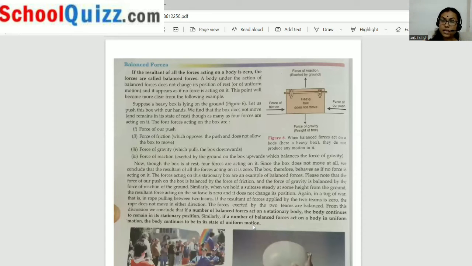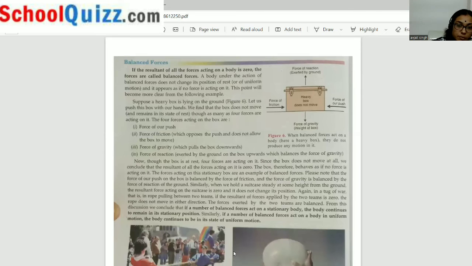It means again all the forces are in a balanced condition. That is why it is attaining uniform motion. You already know what uniform motion is: the motion where it travels equal distance in equal intervals of time. Clear? So in this situation also, this shows the balanced force.